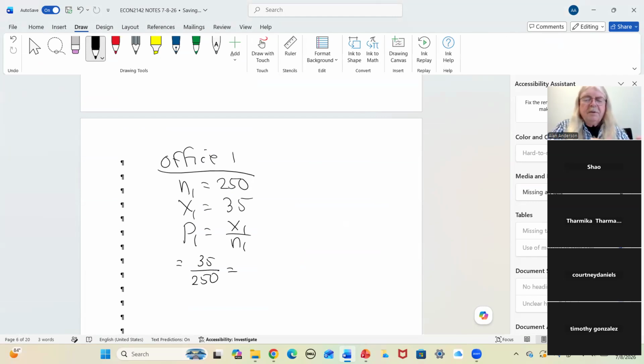Okay, that is the sample proportion from Office 1, 14%. Well, that sounds very high, doesn't it? That's a lot of errors for tax returns. Well, I don't know. Maybe they're counting everything, like even if there's a spelling error in the address or something.